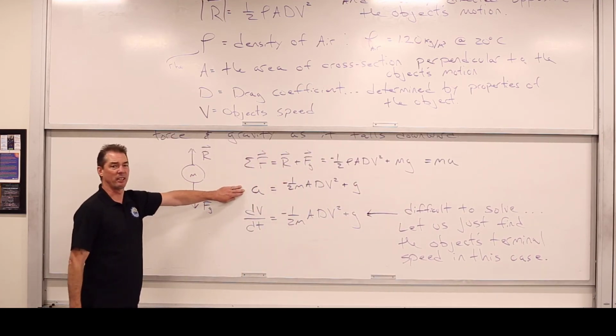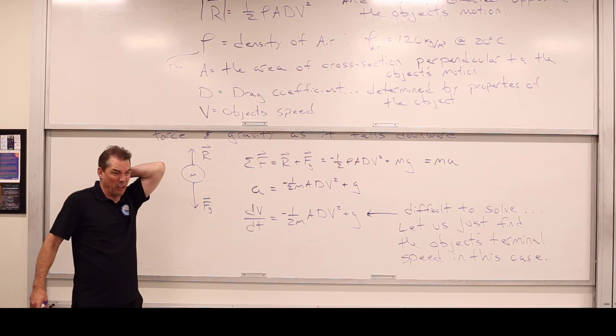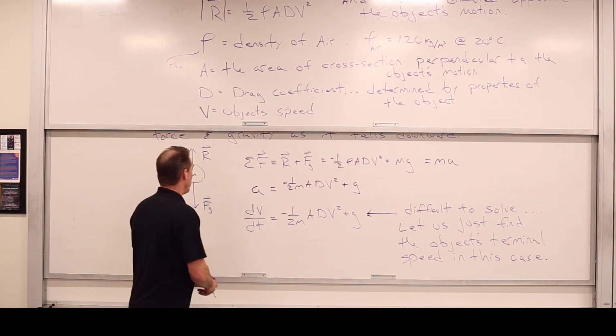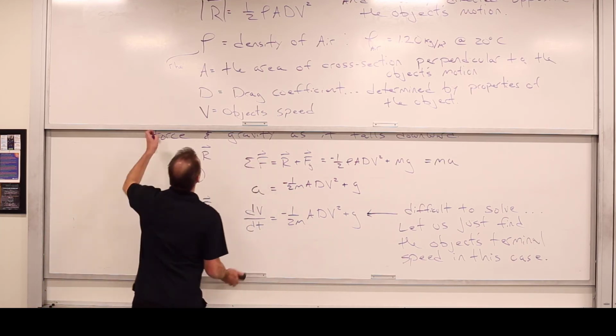How can we do that? We go back to the acceleration. We still note that the terminal speed occurs when the acceleration drops down to 0.